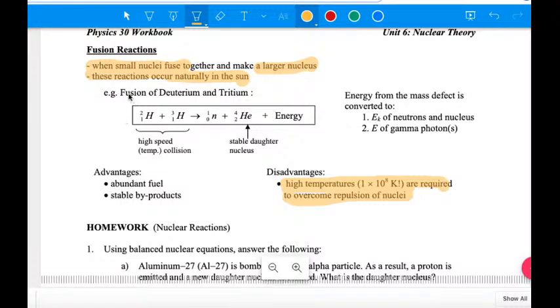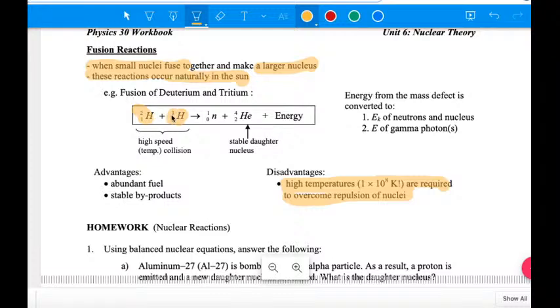All right. So fusion of deuterium and tritium. So that's deuterium, that's tritium, right? 2 nucleons of hydrogen, 3 nucleons in hydrogen. So 1 proton, 1 neutron, 1 proton, 2 neutrons.